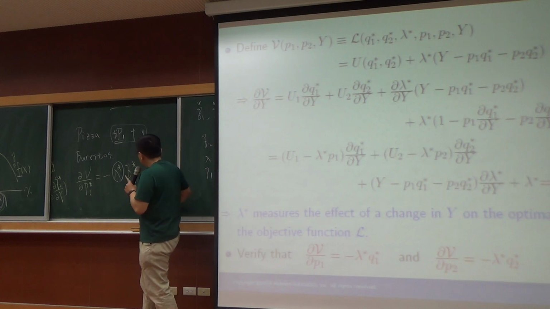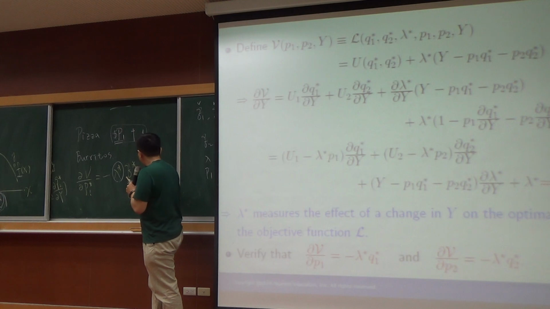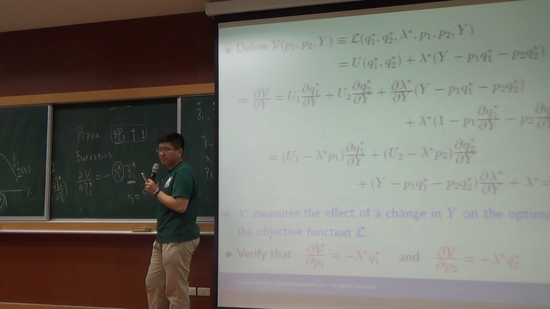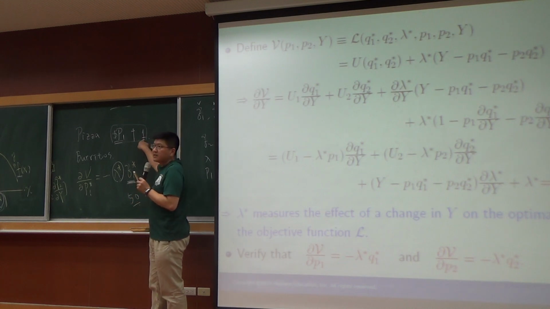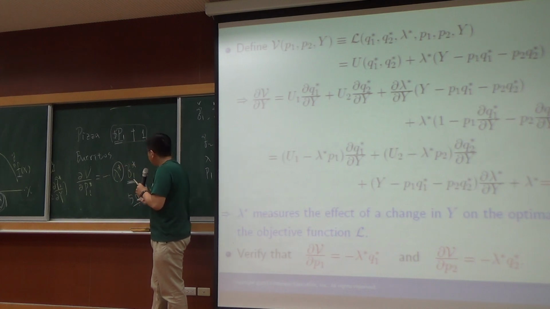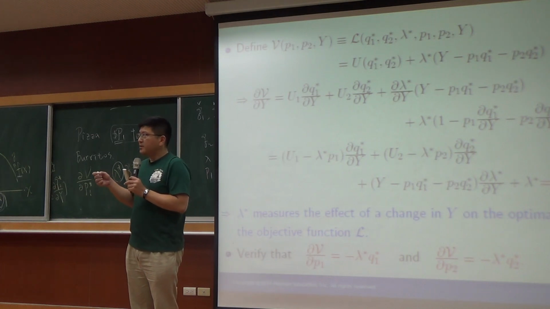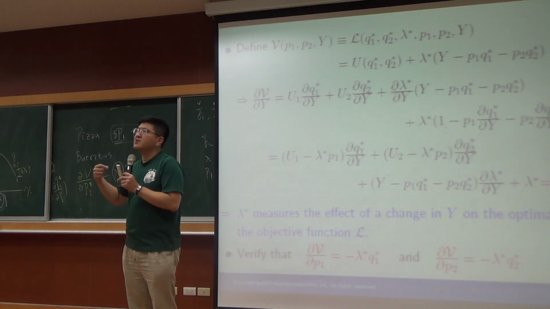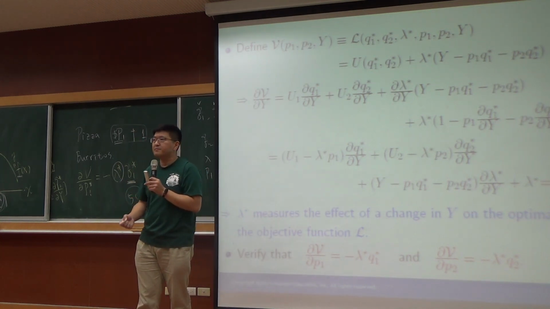So, for example, if you consume, say, 50 slices of pizza per month, a $1 change in the price of pizza will make you pay $50 more because you eat 50 slices per month.